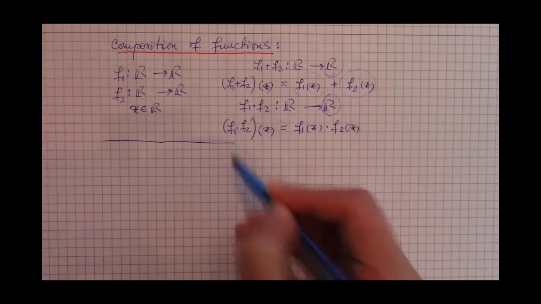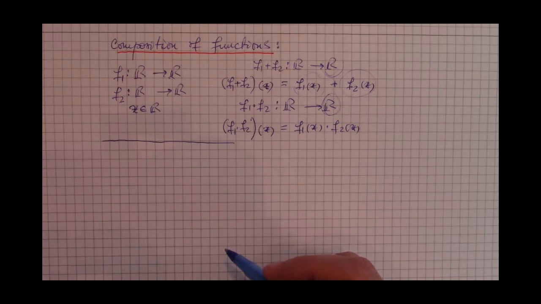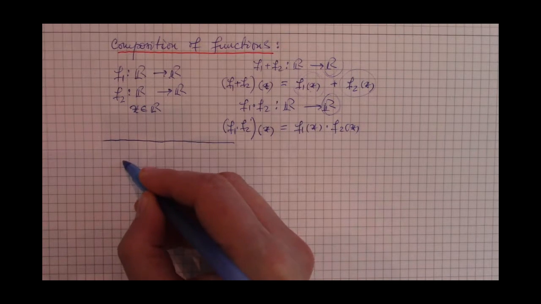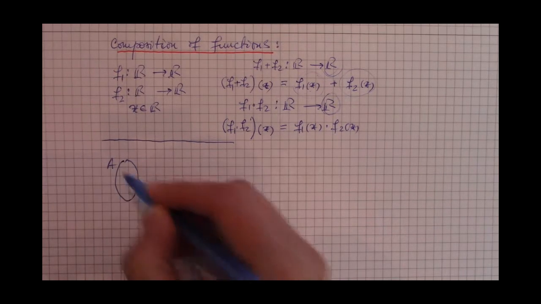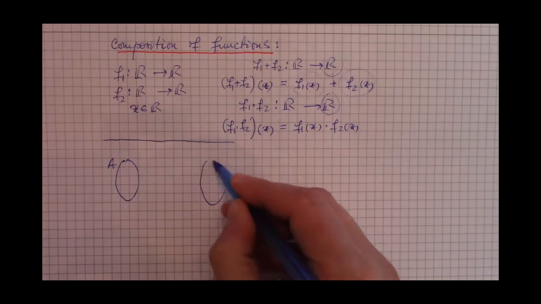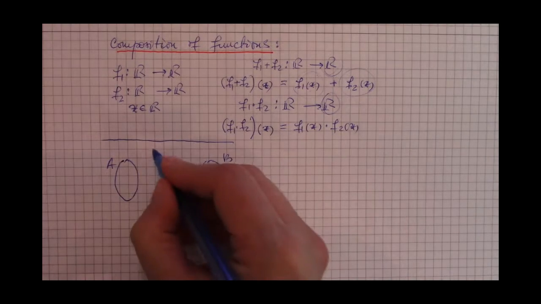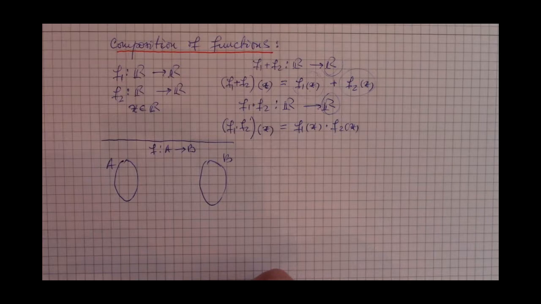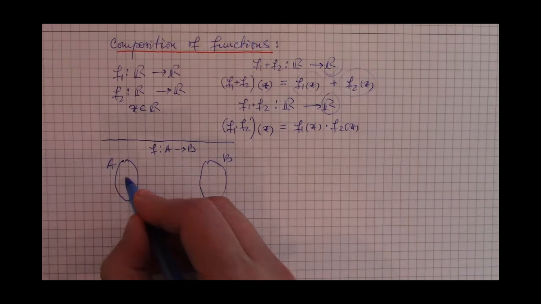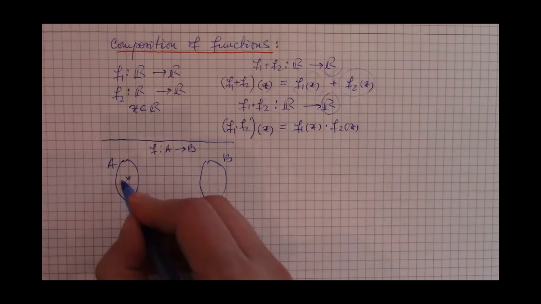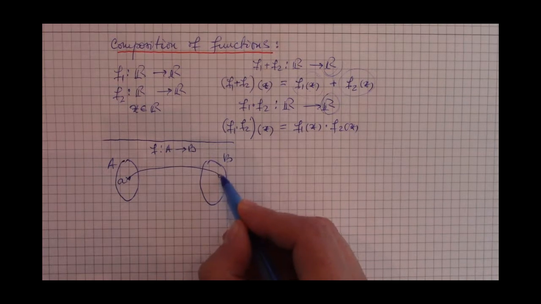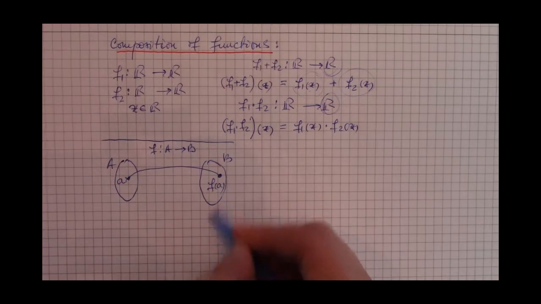The essential operation on functions is the following. Think about what happens if we've got a set A, and we've got another set B, and we have a function f defined on A with values in B. What functions do is they take points from A, so let's say a from capital A gets taken by f into this point f of a.